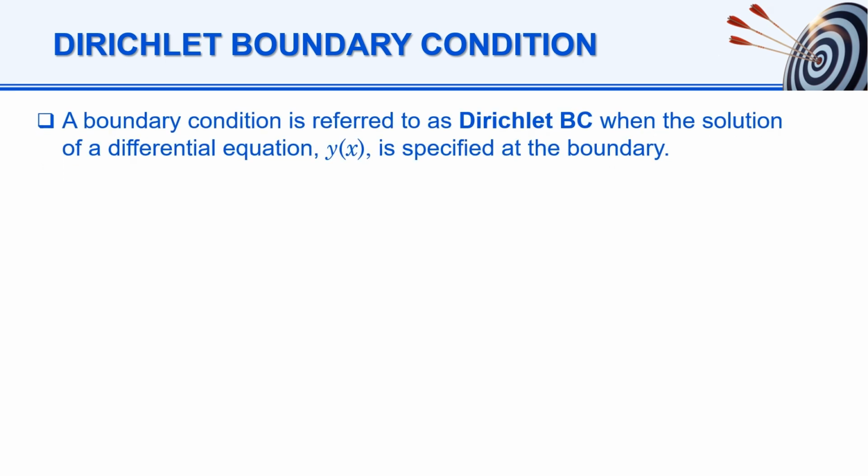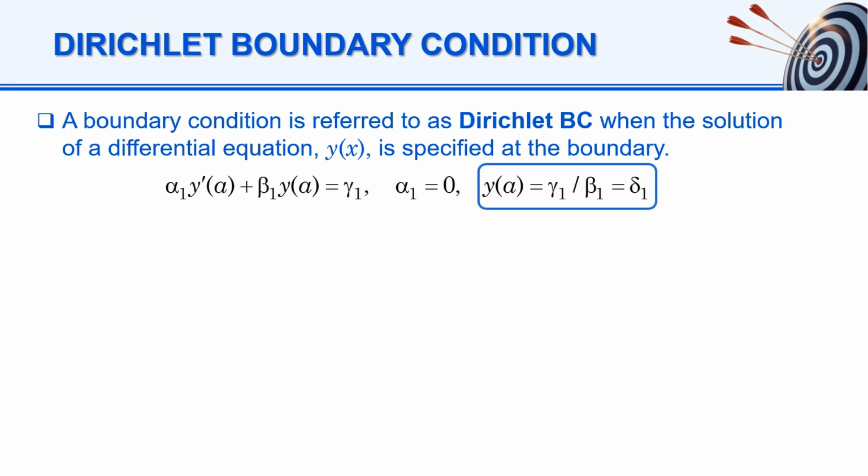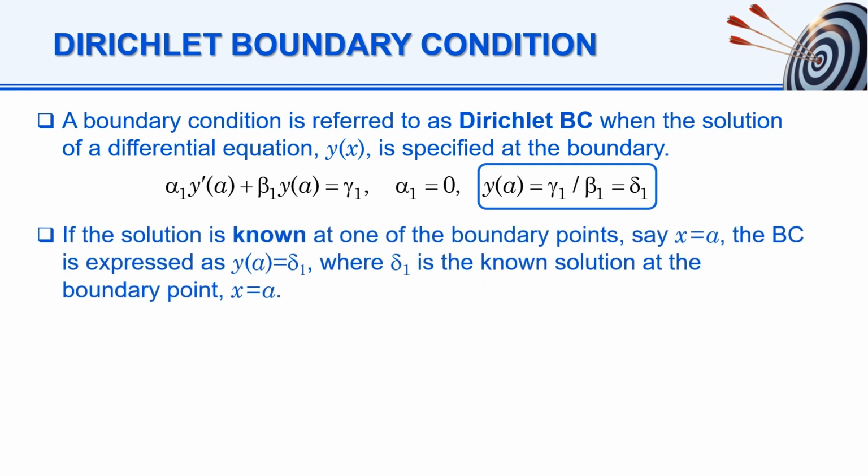A boundary condition is referred to as Dirichlet boundary condition when the solution of a differential equation is specified at the boundary. If the solution is known at one of the boundary points, say x equals a, the BC is expressed as y equals delta 1, where delta 1 is the known solution at the boundary point, x equals a.